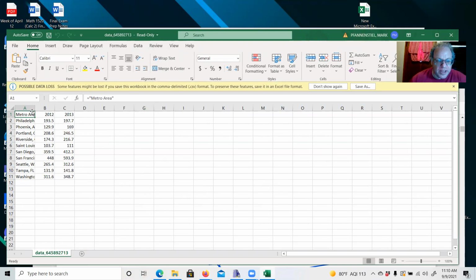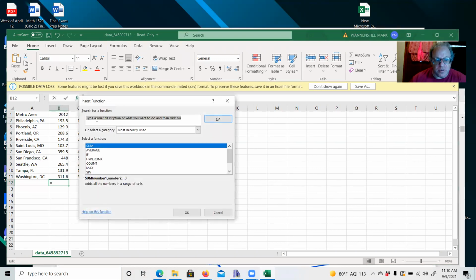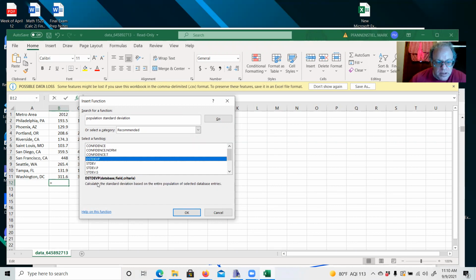So we know this is our year, and then all we're going to do is insert a formula. Population standard deviation. I haven't done this yet, so I don't know. Calculate standard deviation based on an entire population. That's the one we want.